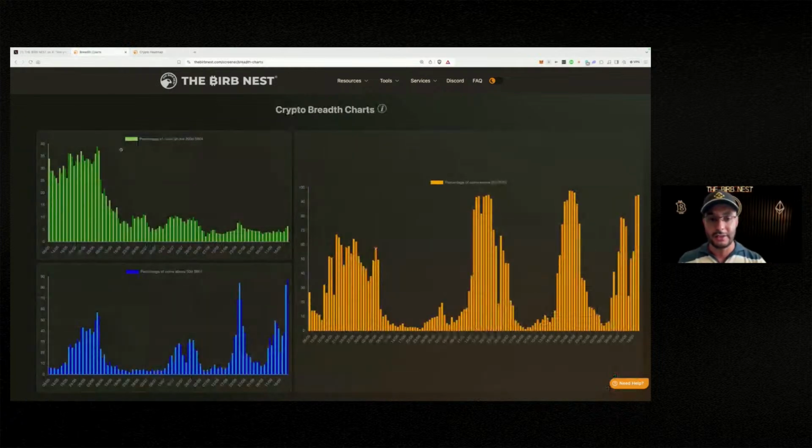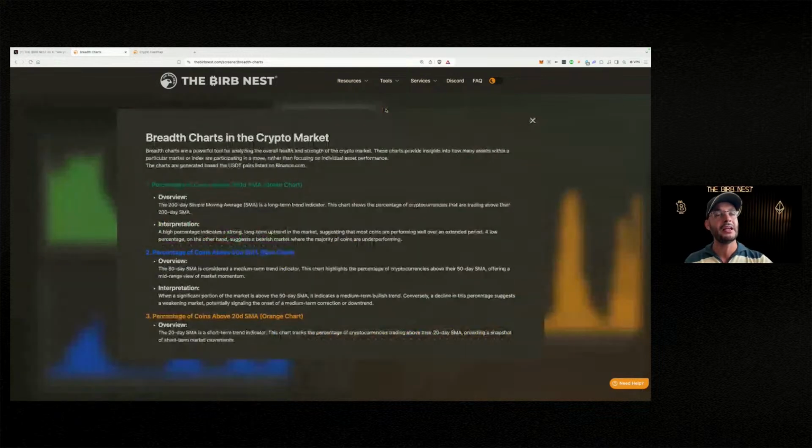And as always, I would love to start first with these beautiful crypto breadth charts. I think some of you haven't even heard about this word, breadth chart. What it actually does is it measures the declining and the advancing assets, in this case, crypto coins.